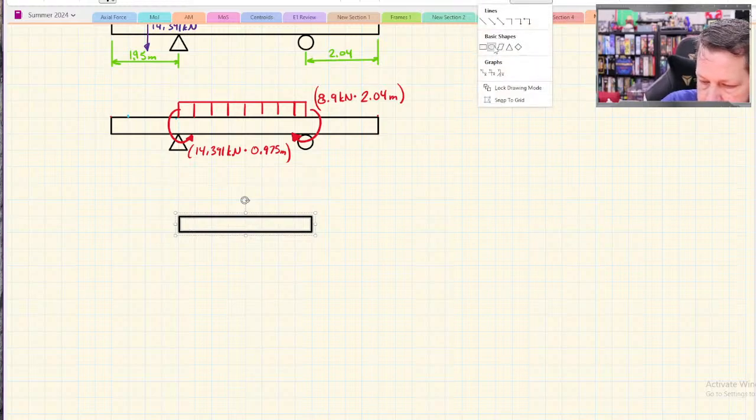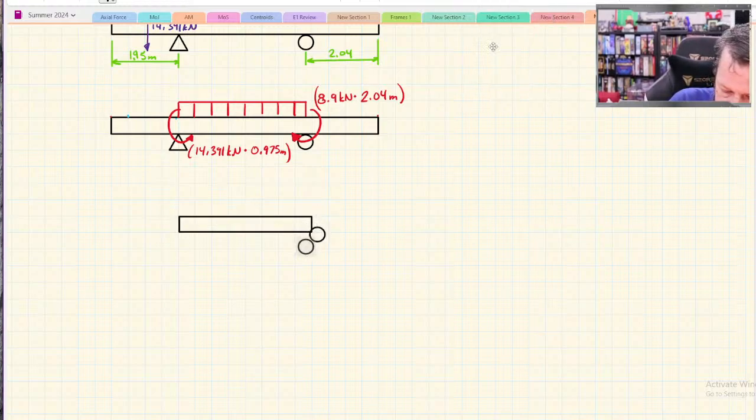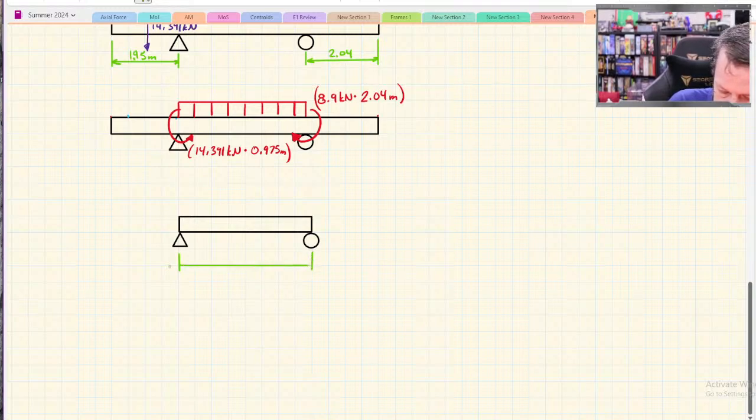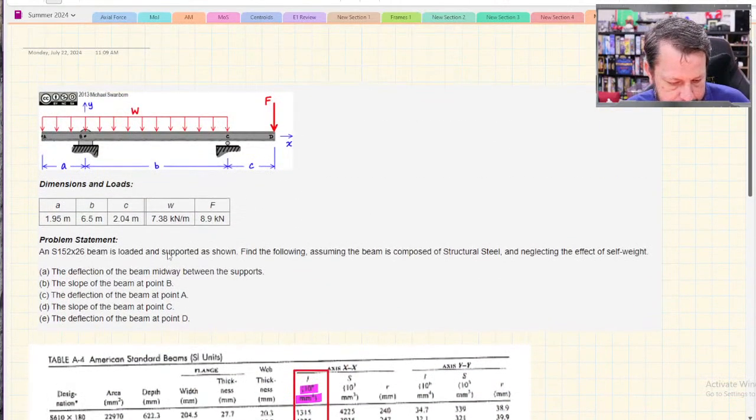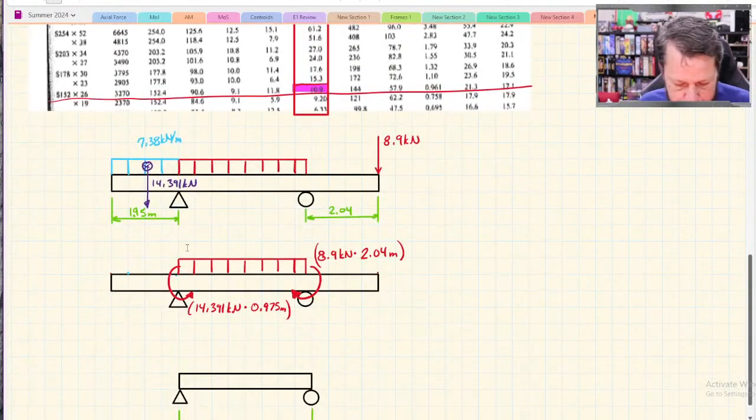I've got a pin, a roller, I mean, pin. I've got a distance between those, labeled B, which for me is 6.5 meters.